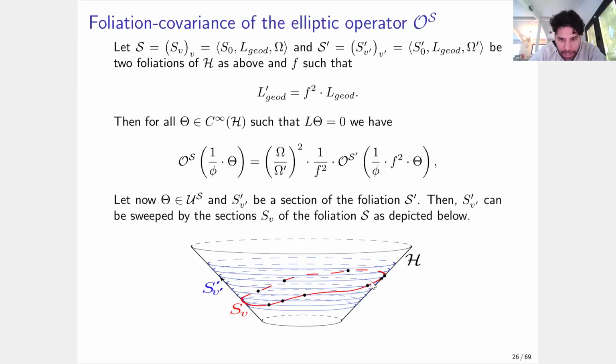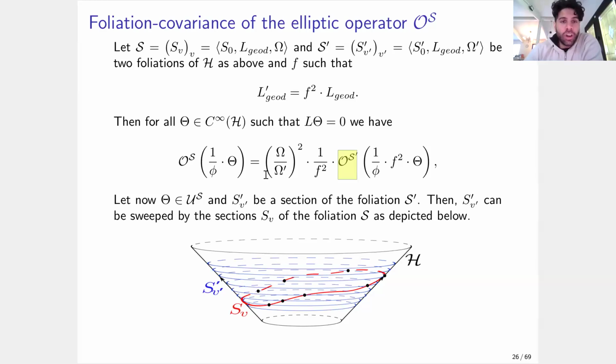If you look at any intersection of the original sections and the new sections at any point, then point-wise, the adjoint operator of the one section is a multiple of the adjoint operator of the other section, the new one.